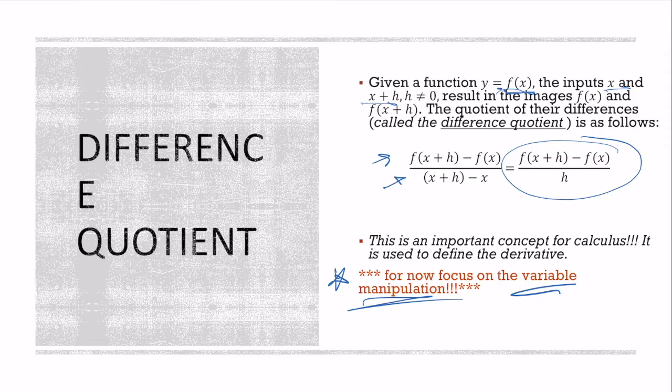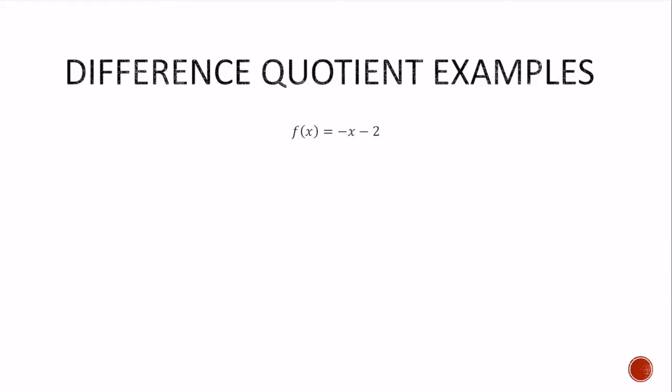So let's take a look at our first example. I have f of x equals negative x minus 2. So I'm going to take f of x plus h minus f of x, right? That's my change in outputs, my change in y, over h. The only difference is I don't know what h is, and that's okay. It's a real number, so life's good. So I'm going to substitute in x plus h for x.